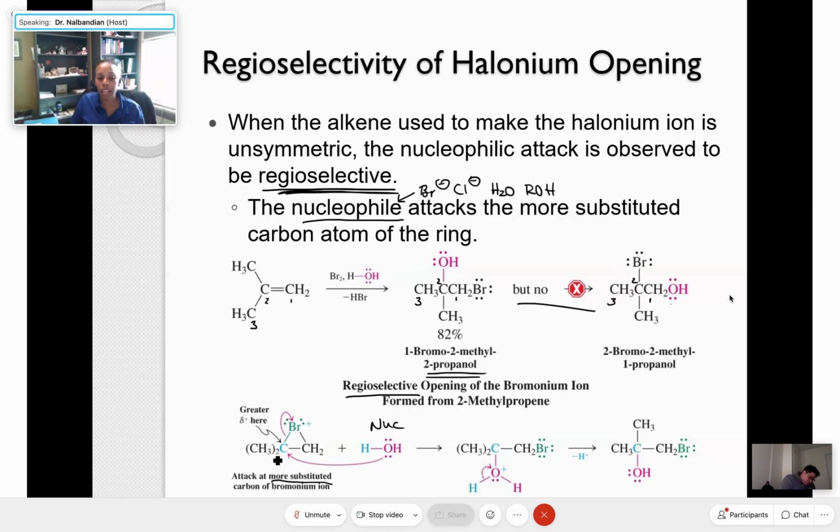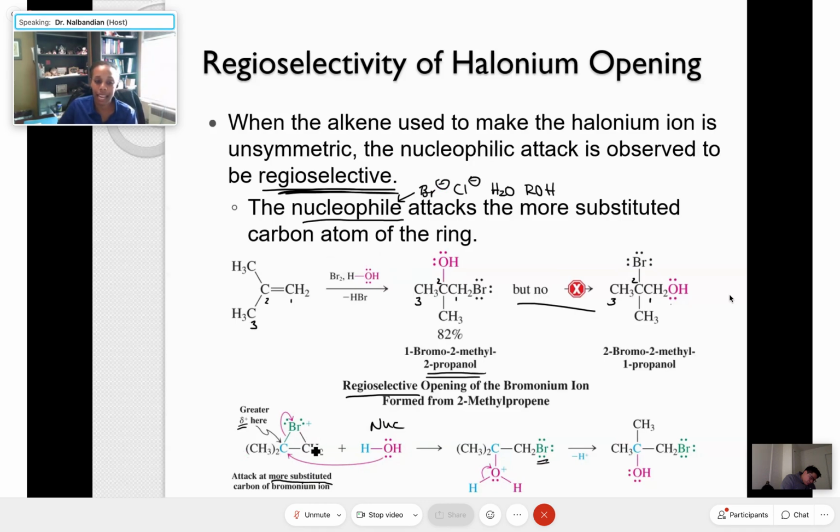So it attacks the more hindered carbon because that has more partial positive. Based on hyperconjugation, more of the alkyl groups are donating in more electron density, so we get more partial positive there. And so then we can break the bond there between bromine and that more hindered carbon, which puts our bromine on the less hindered carbon.